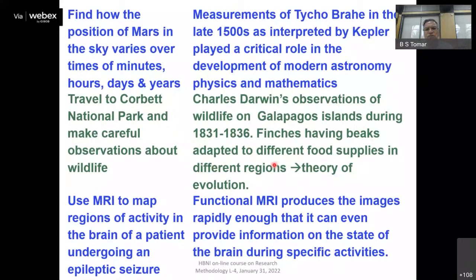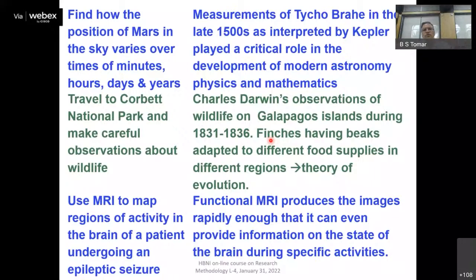And what he observed was that particular birds called finches had beaks that they could adapt to different food supplies in different regions. So he observed that these finches in different regions have adapted their beaks depending upon the type of food that is available to them.